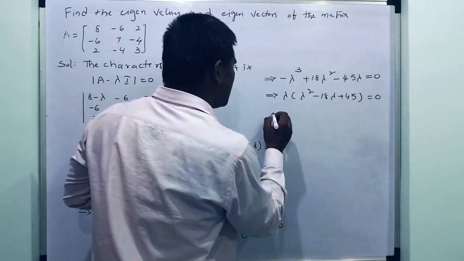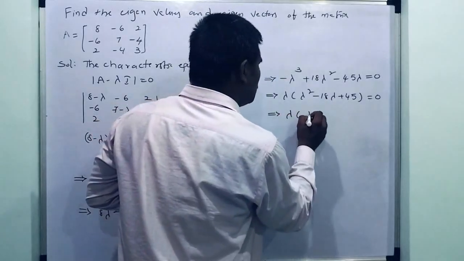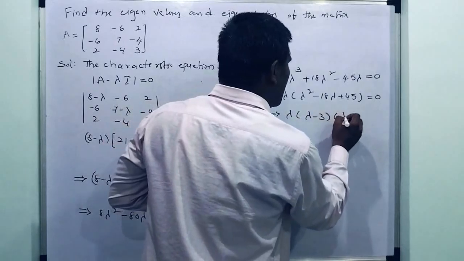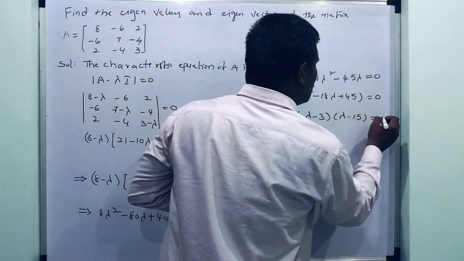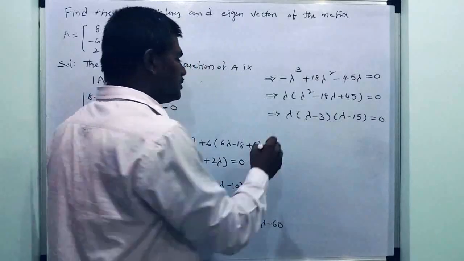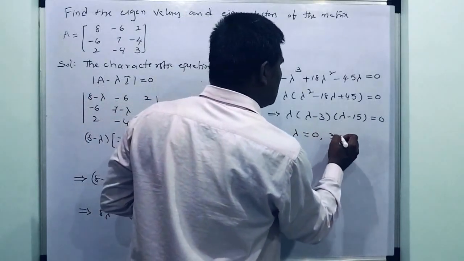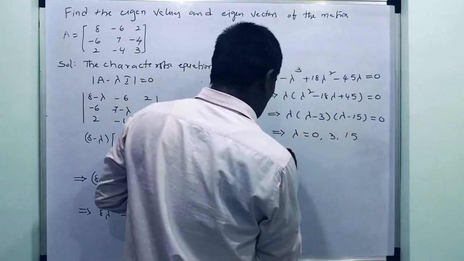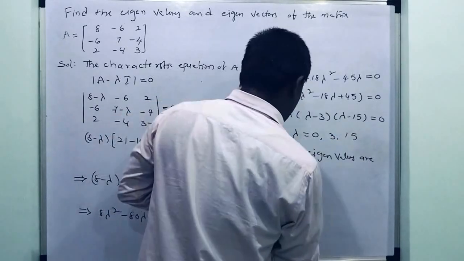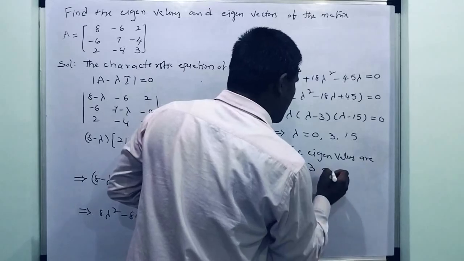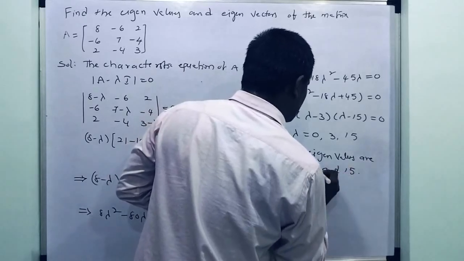That implies λ(λ − 3)(λ − 15) = 0. So the values of λ are 0, 3, 15. Therefore, the eigenvalues are 0, 3 and 15.